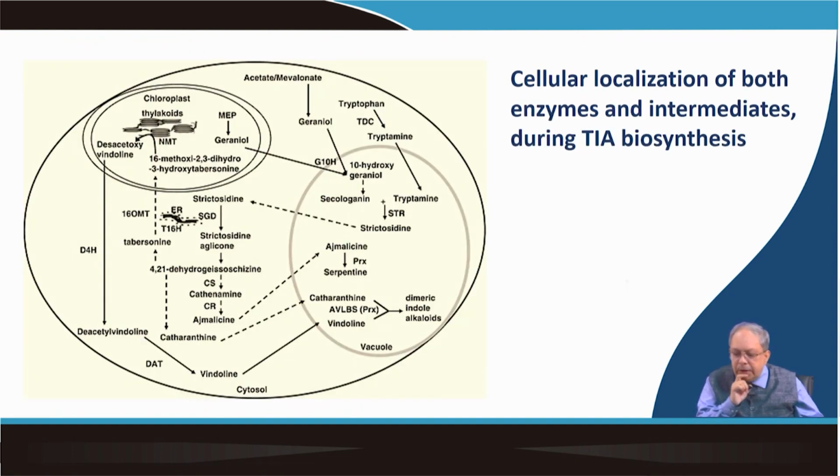So, cellular localization of both the enzymes and intermediates, in a previous one like Meisner's paper I have already discussed, but this is from 1993. So, this is a more recent drawing.